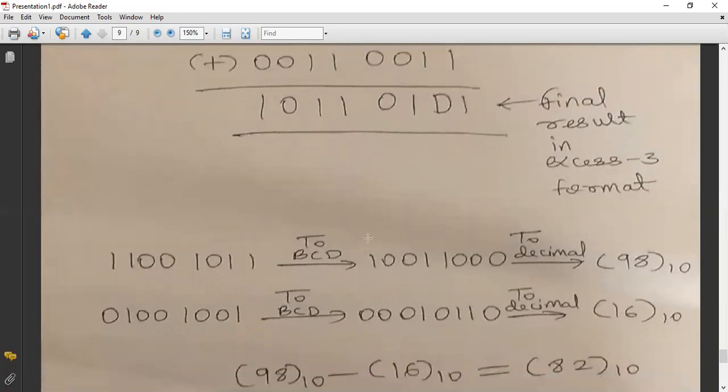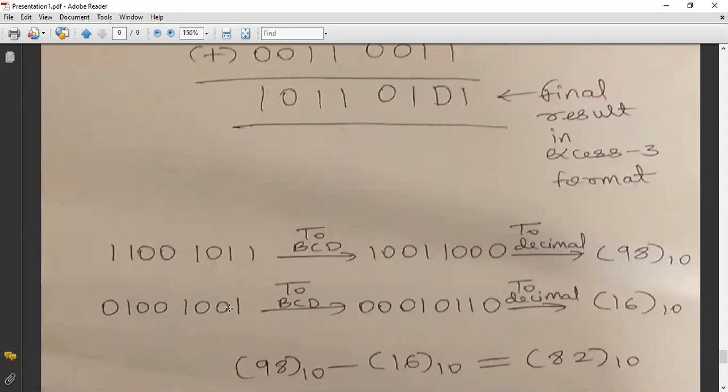We have already seen this conversion, right? That's why I am proceeding fast here. Now 01001001 is converted into BCD form as 0001. Again converted into decimal form, we will get 16 to the base 10. So 98 minus 16 to the base 10 is nothing but 82 to the base 10.